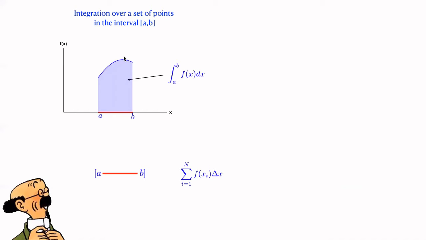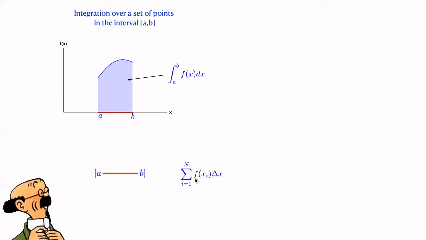When you integrate from a to b, what are you actually doing? You are integrating over a set of points. These points extend over the interval from a to b, which is shown here. That is the interval that you are integrating over.